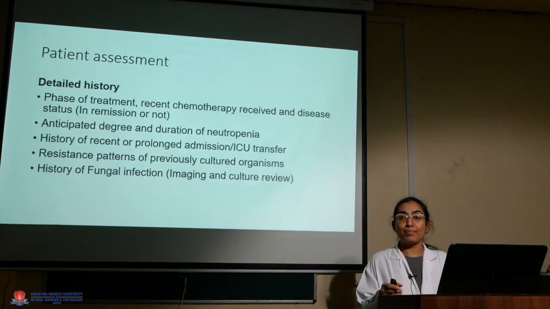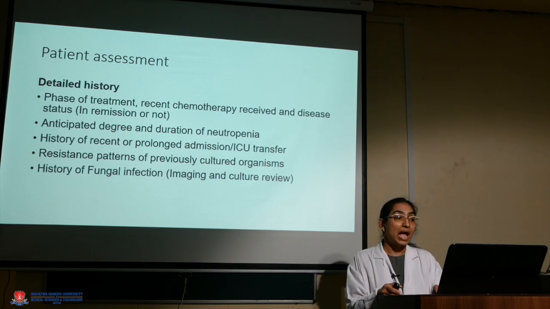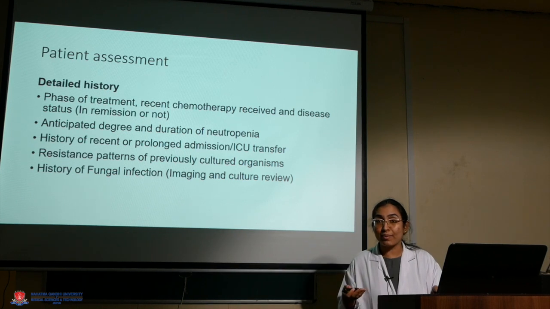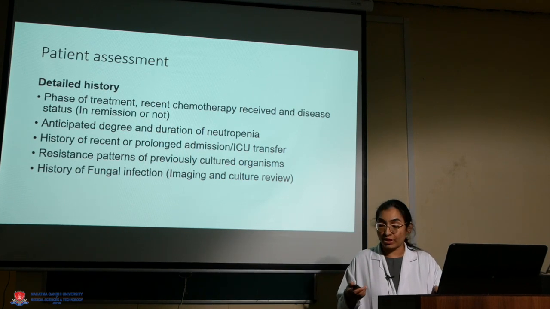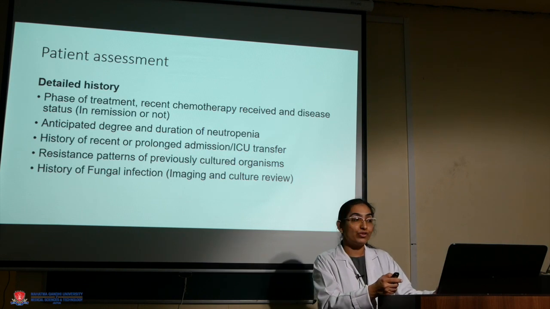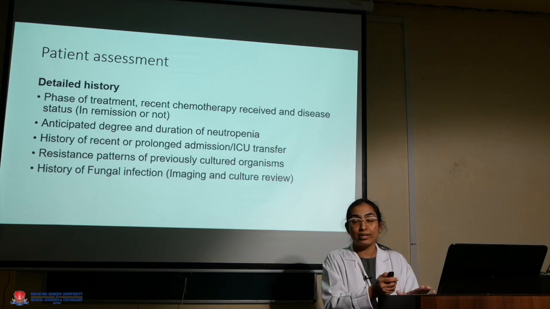So how do you assess the patient? You need to take a detailed history, because you need to determine what phase of treatment the patient is on, the recent chemotherapy received, and disease status, whether the patient is in remission or not. So a patient who is not in remission will have a more severe course of febrile neutropenia. Anticipated degree and duration of neutropenia, as I already said. History of recent or prolonged admission to ICU.